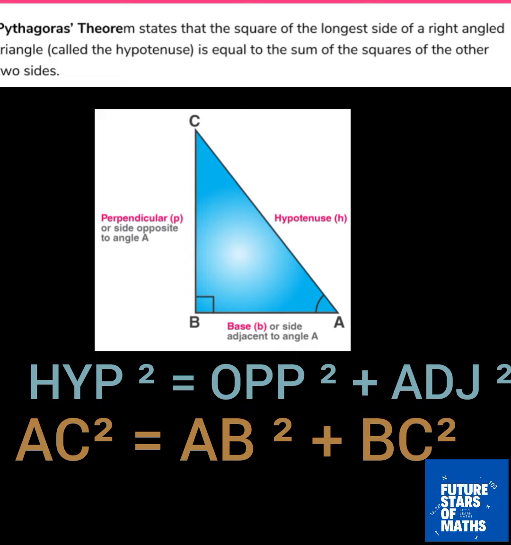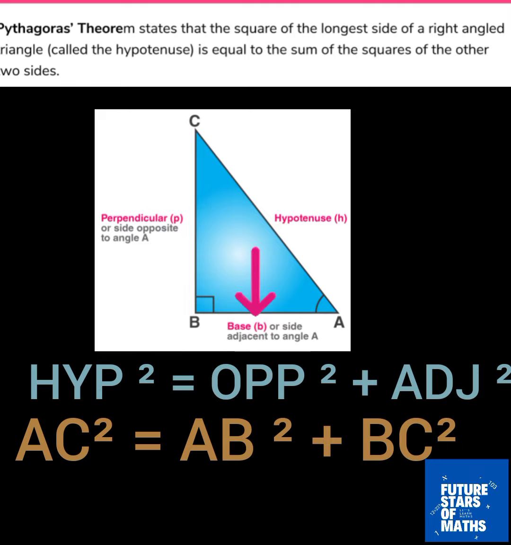As you can see, ABC is a right angled triangle. So 90 degrees is formed at B. The side opposite to it is known as the hypotenuse side. And at A we have theta. The side opposite to A is called the opposite side, and the adjacent side, that is the left out side, is known as the adjacent side.